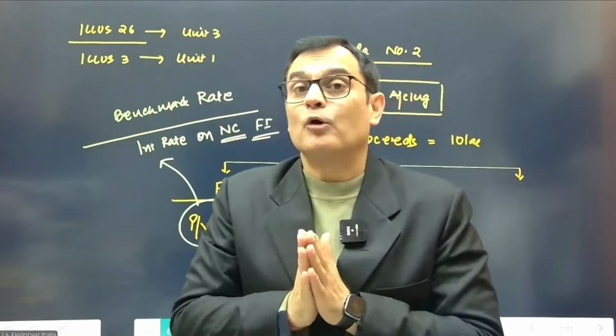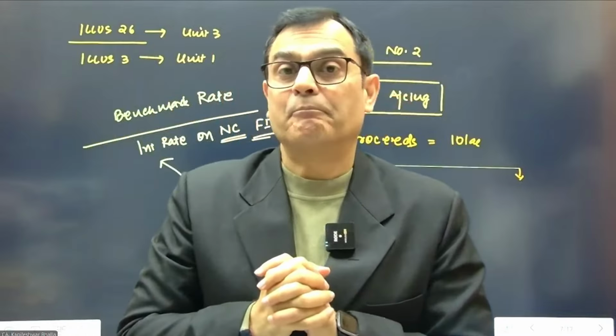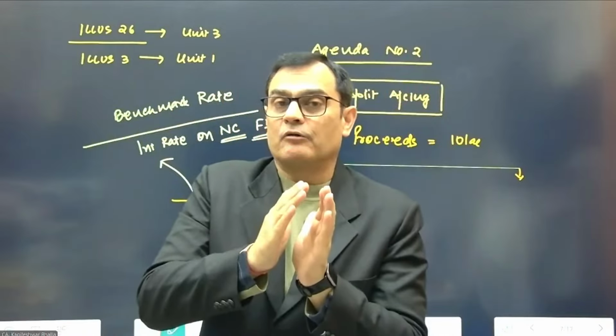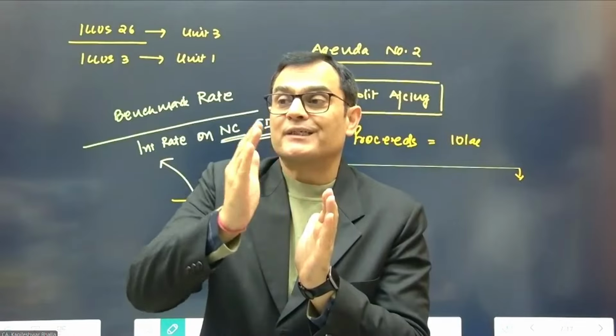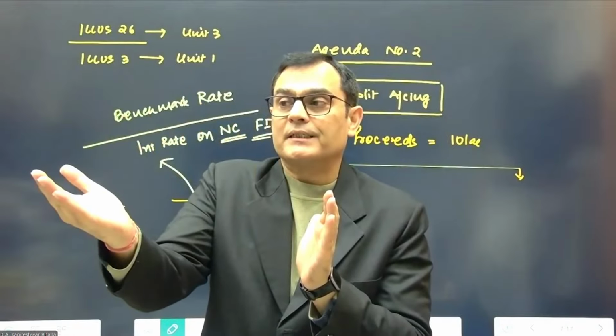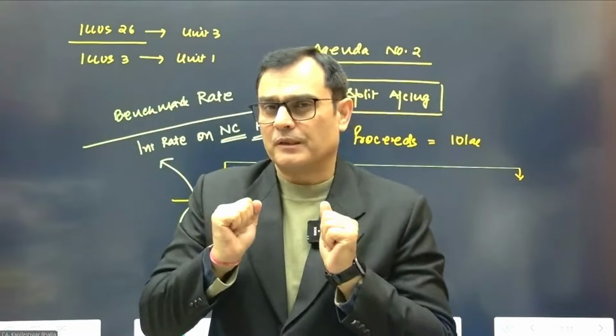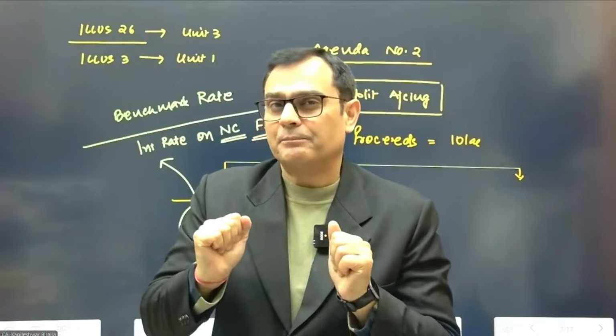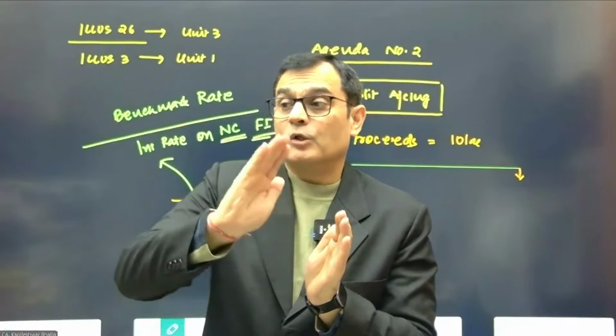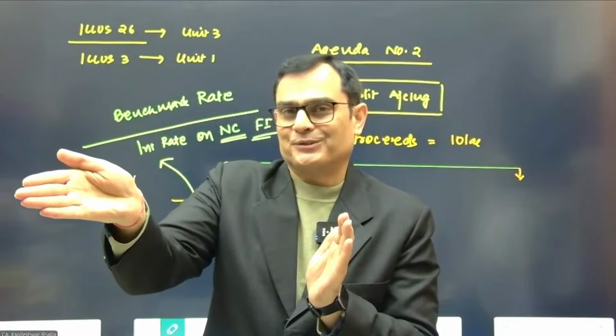Let's say I borrow 100. On this 100, I pay interest at 9%, but I discount it at 12. So if I take 100 rupees from someone and pay 9% interest, I'm going to pay 109 at the end of the first year.